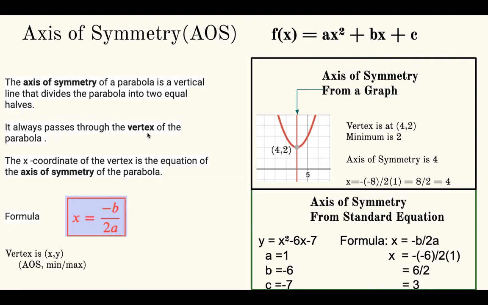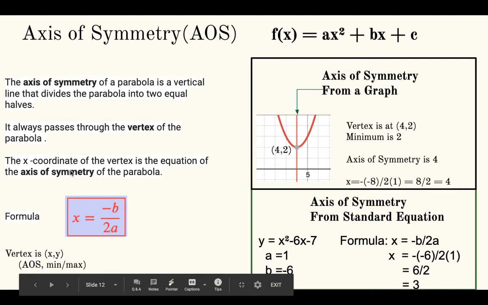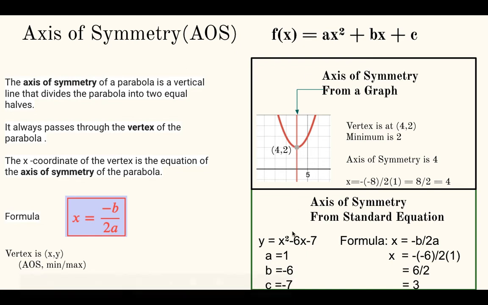It always passes through the vertex of the parabola. The x-coordinate of the vertex is the equation of the axis of symmetry. Here's the formula to find the x-coordinate of that vertex, which is the axis of symmetry.